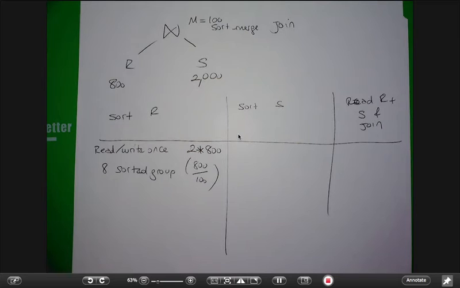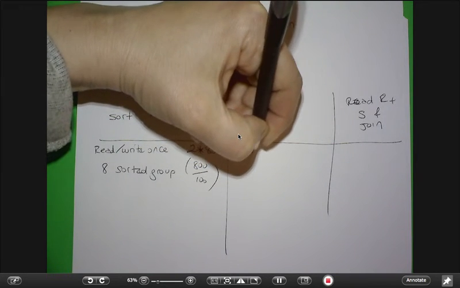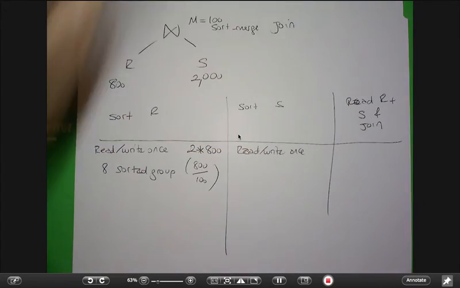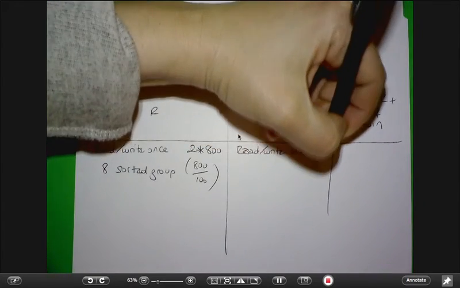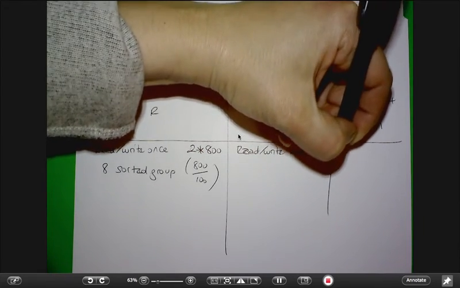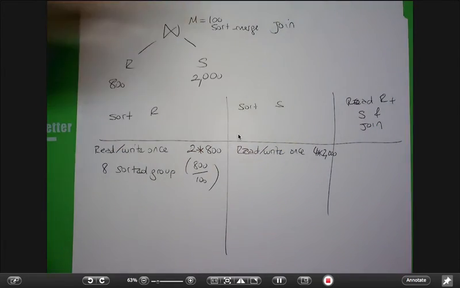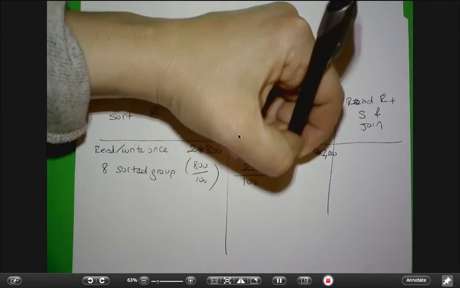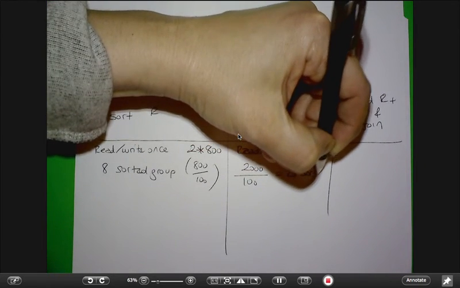You're going to do the same thing for S. So you read and write it once. So total cost is going to be 2 times 2,000, and this is going to produce 2,000 divided by 100, 20 sorted groups.